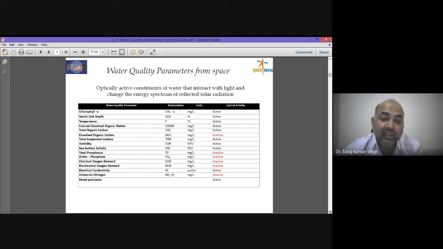So optically active constituents of water interact with the light and change the energy spectrum of reflected solar radiation. So what are those parameters on the basis of which the satellite signature changes? Firstly, chlorophyll, that is very active, unit milligram per liter.